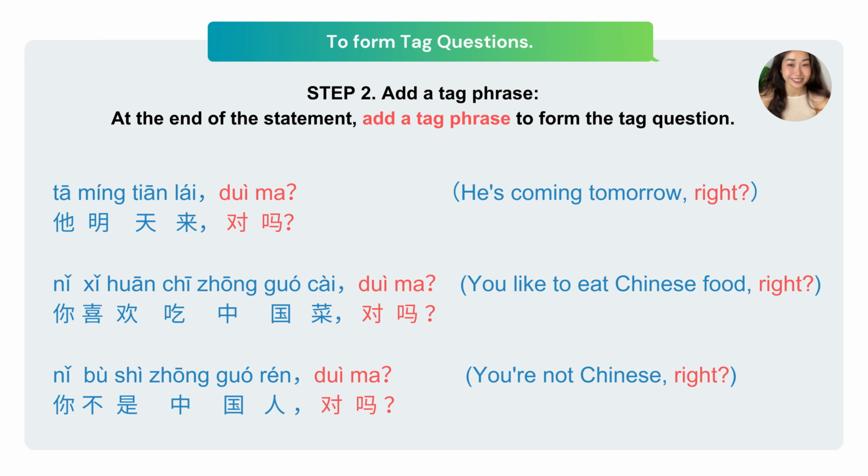And the last one. 你不是中国人，对吗? You are not Chinese, right? You also will need to pay attention to the tone. So you will have that kind of questioning tone, 对吗? Okay, so that is how we can form tag questions.